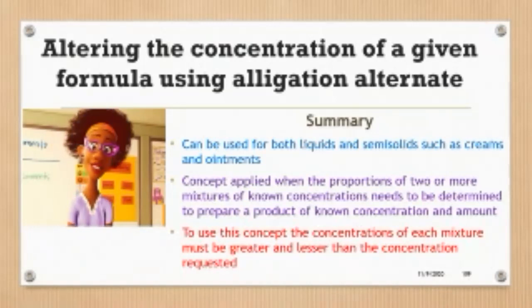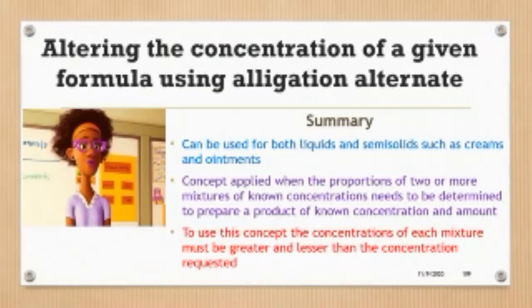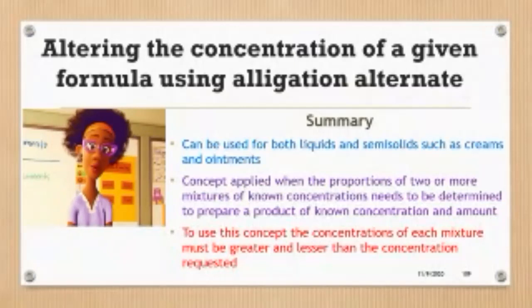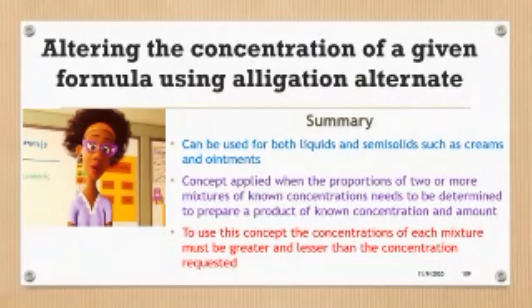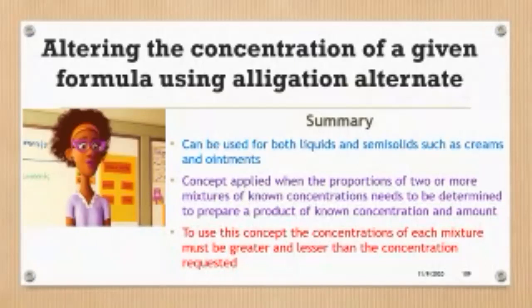If you have 2 concentrations that are greater than the concentration you're requesting and one that is less, then you're going to have to use the high concentration with the low, one of the high with the low, and one of the high with the low. So for example, if I have 20% zinc oxide, 30% zinc oxide, and a 10, I'm going to pair 20 and 10 and 30 and 10. Okay?